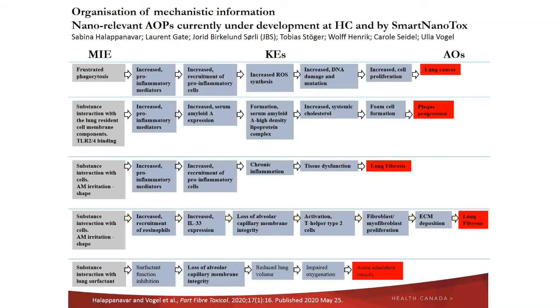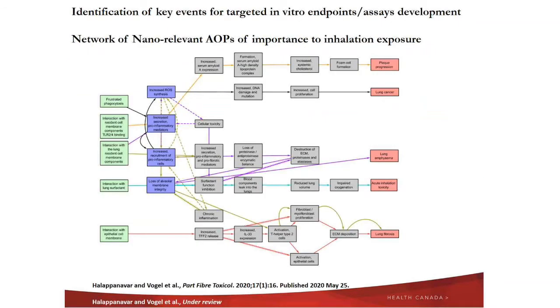As you saw in Ulla's presentation, there were 5 AOPs developed by SmartNanoTox along with Health Canada, and they capture the 4 adverse outcomes of relevance to inhalation toxicity of nanomaterials. These AOPs form a network connected by commonly occurring key events, really overrepresented KE nodes across these AOPs.